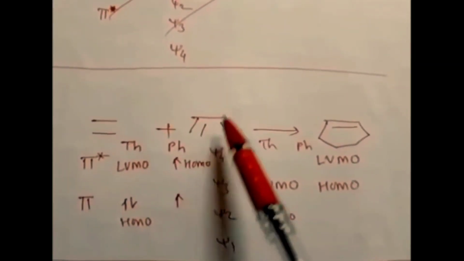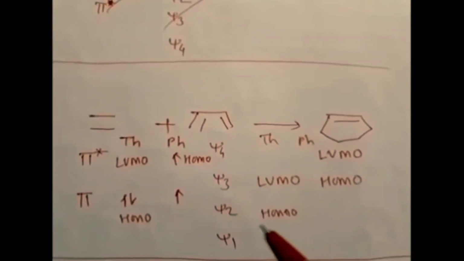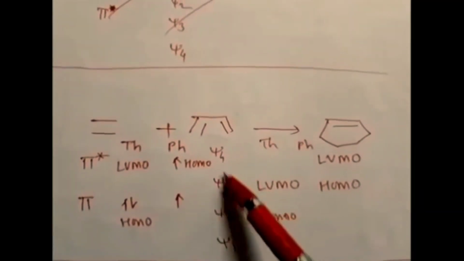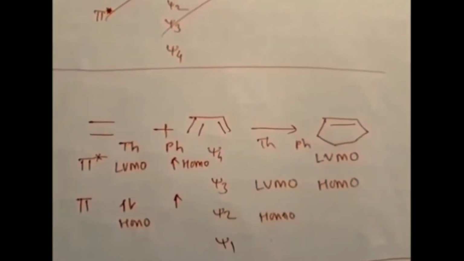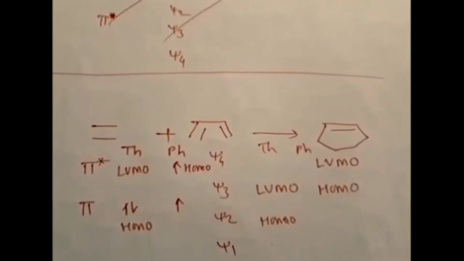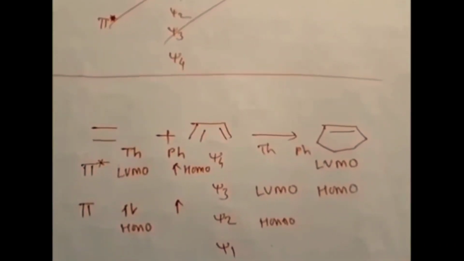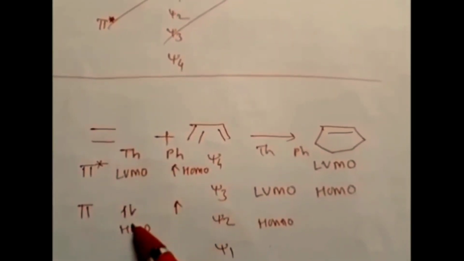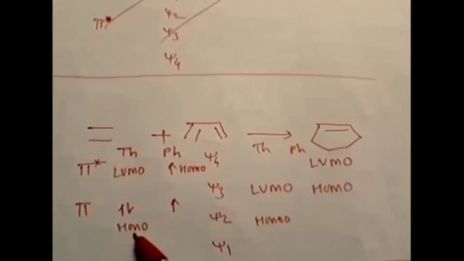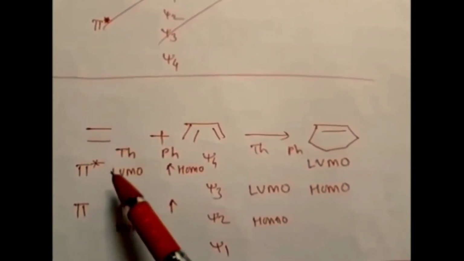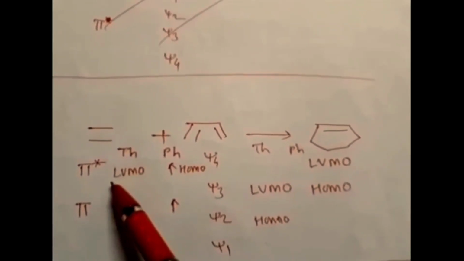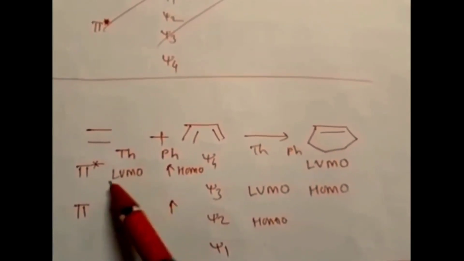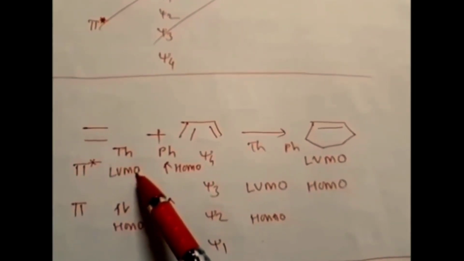Whereas the 4 orbitals of these two pi bonds, that is psi 1, psi 2, psi 3 and psi 4, now which is LUMO and which is HOMO. So here 2 electrons are present, so this is HOMO, that is highest occupied molecular orbital. Whereas here electrons are not present, so this is LUMO, that is lowest vacant molecular orbital.